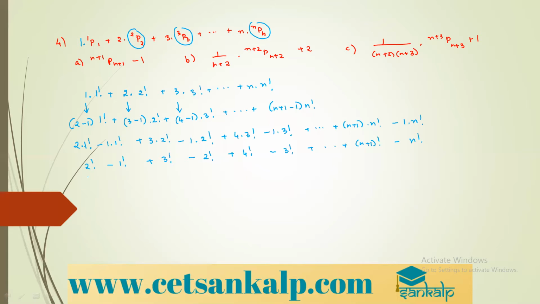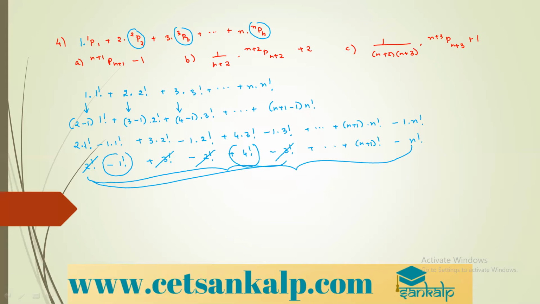Suppose I take the first few terms, what will cancel? 2 factorial will cancel. 3 factorial will cancel. I am left with these two terms. But instead of these few terms, if I take all, then 4 factorial also will cancel, n factorial also will cancel, and I will be left with minus 1 factorial plus n plus 1 factorial.